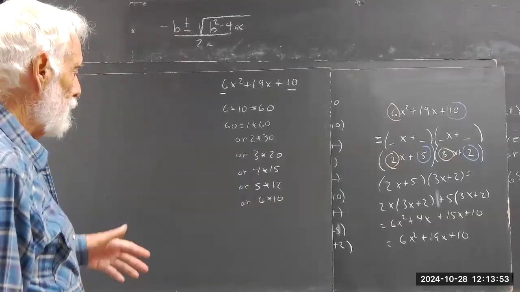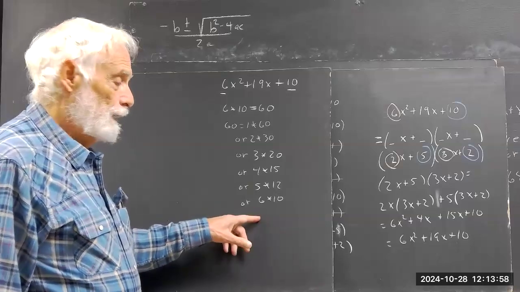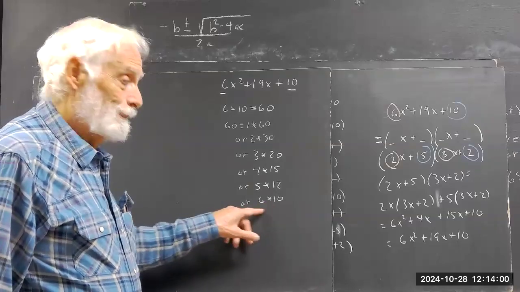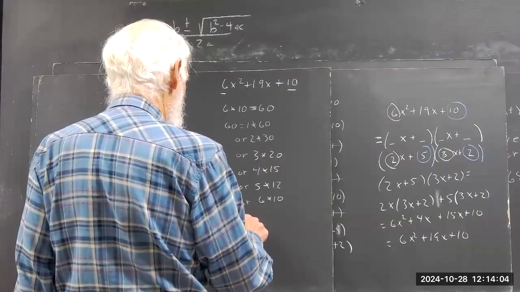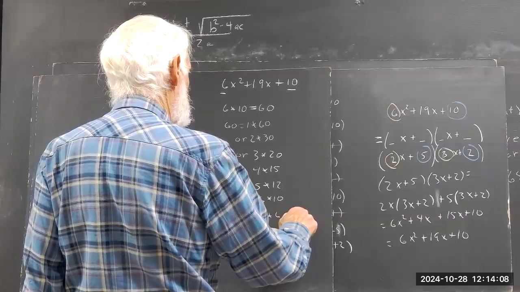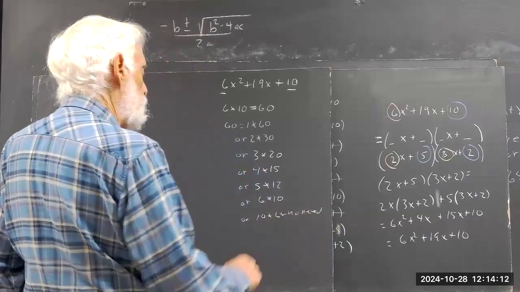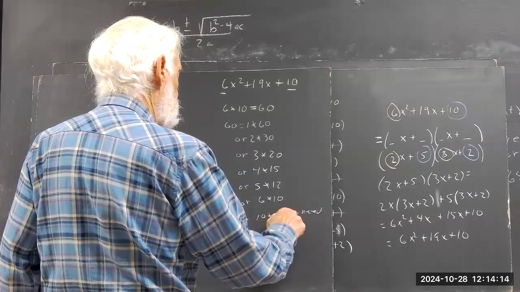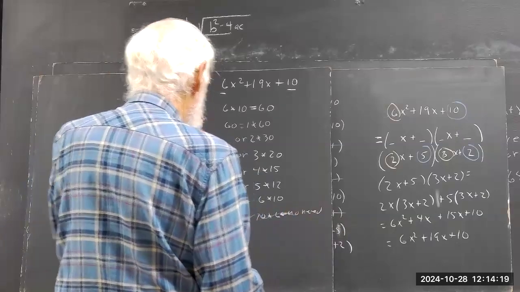Okay. Now 7, 8, and 9 don't go into it. And the next number you divide by would be 10, but you've already got 6 times 10, so you don't bother. You could go down to 10 times 6, but there's no need to do that. We just cross that out.